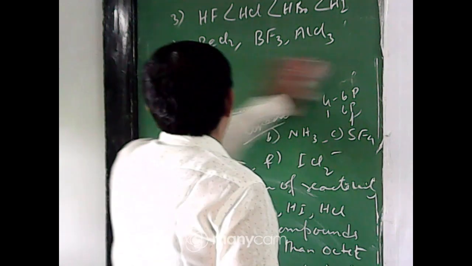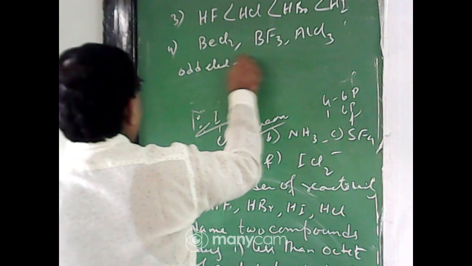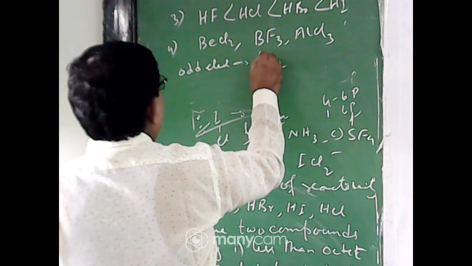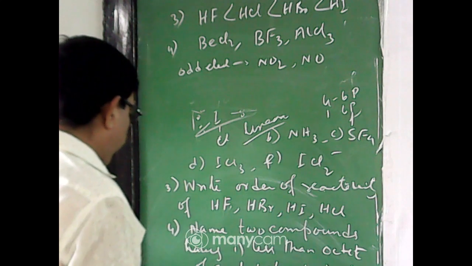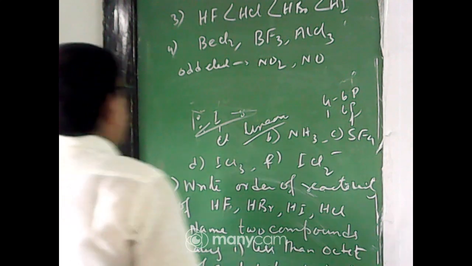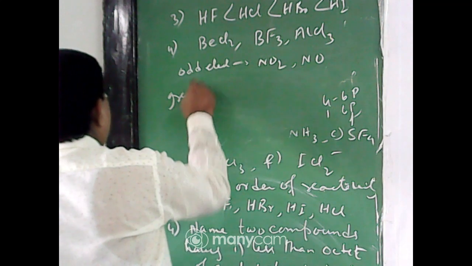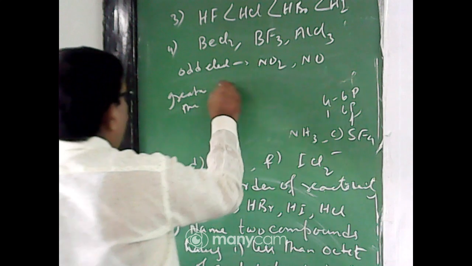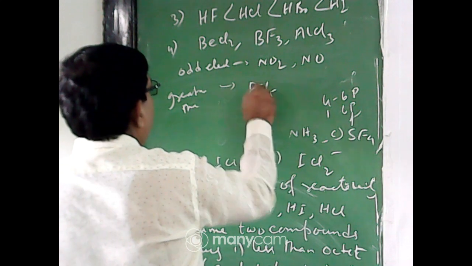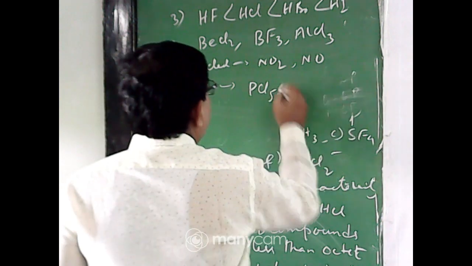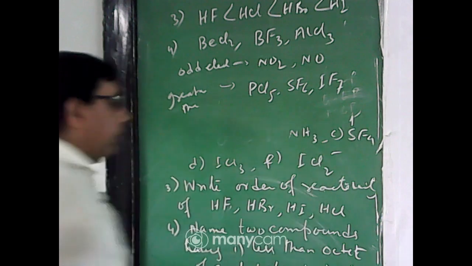Odd electron bond. What is it? Odd electron compounds are NO2, which has one odd electron on the nitrogen atom, or NO. And greater than octet, that is, the central atom contains more than 8 electrons. What will be greater than octet? Say PCl5, 5 bonds so 10 electrons, SF6, 12 electrons, IF7, 14 electrons.